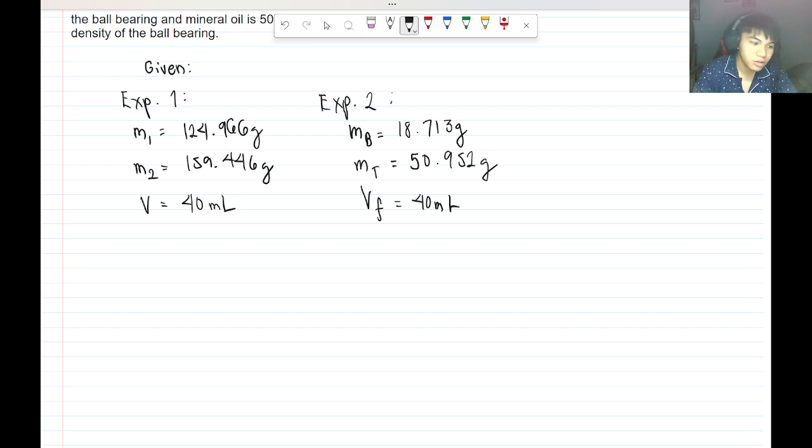That's the concept. So, first, we have to calculate the mass of the oil using these here. That would be M2 minus M1. It's higher minus lower, of course.